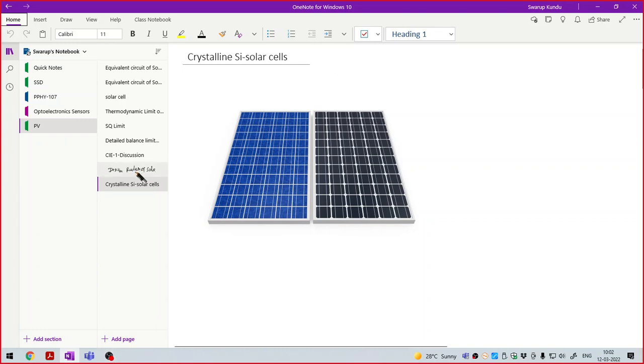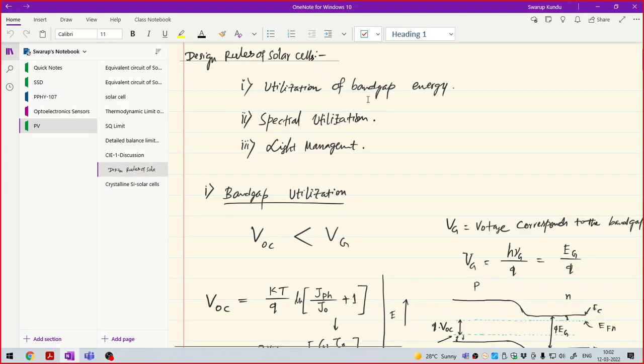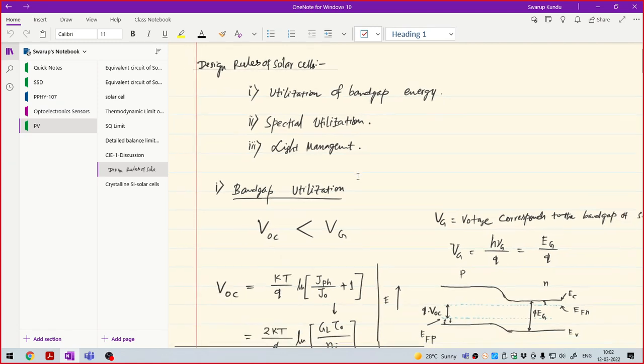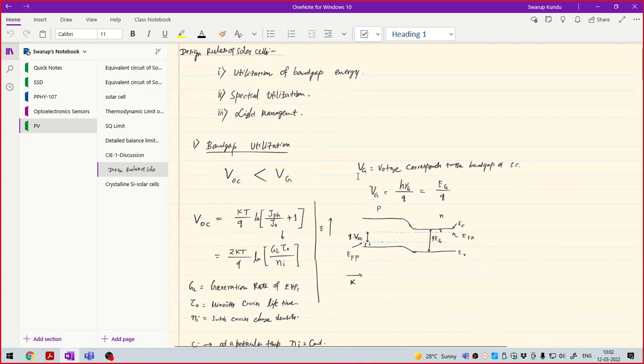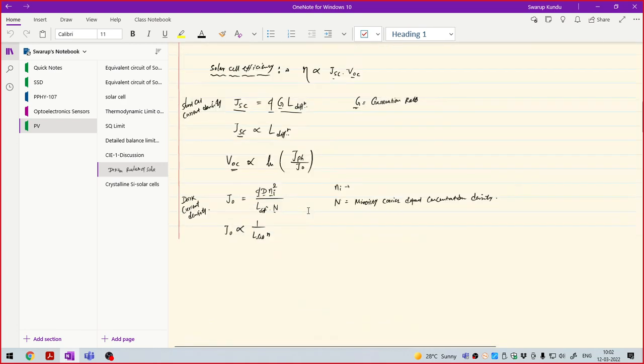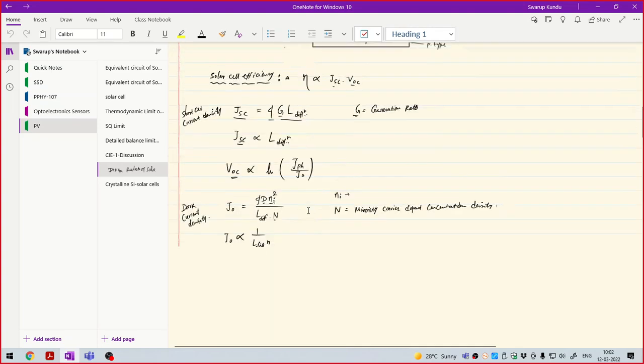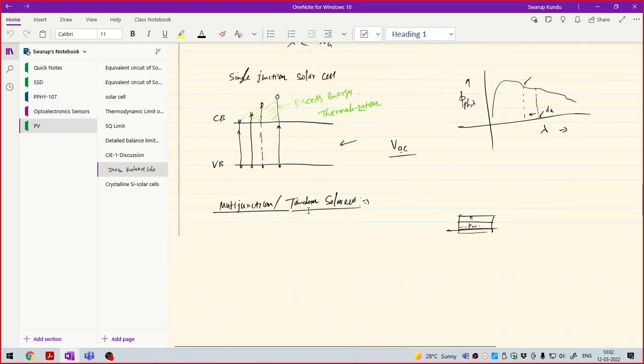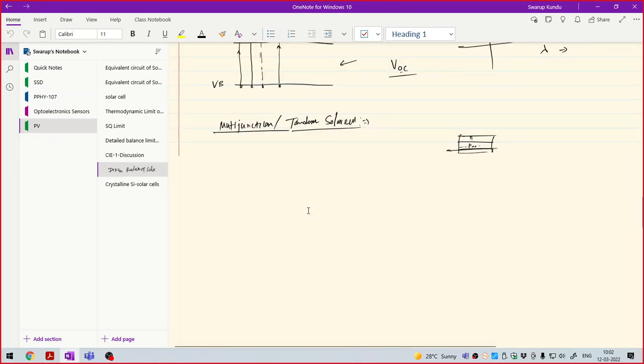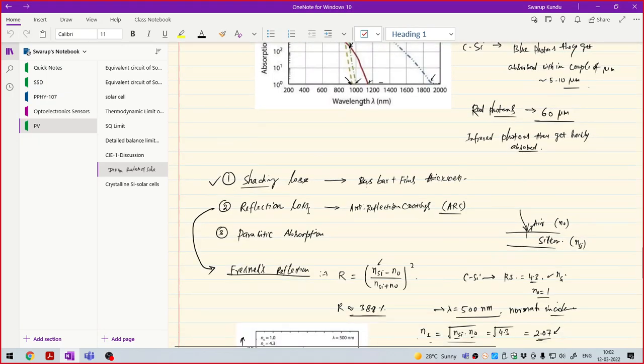In the last session, we were discussing various design rules of solar cells, right? So we have discussed utilization of band gap, spectral utilization, light management, all these things.